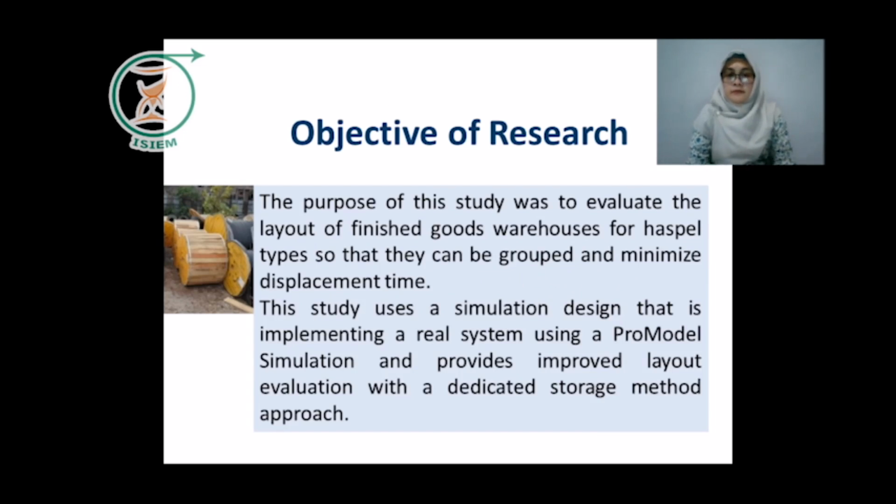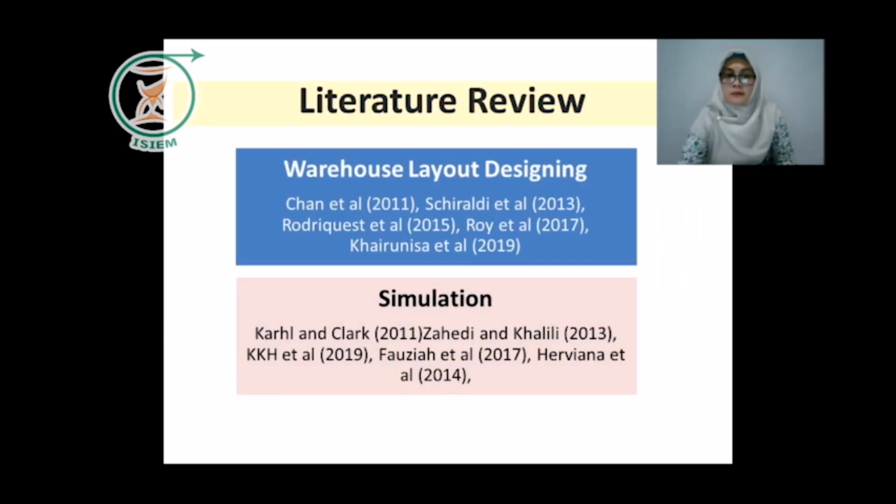The purpose of this study was to evaluate the layout of the finished goods warehouse for haspa type so they can be grouped and minimize displacement time. The study used simulation design using Pro Model simulation and improved layout evaluation using dedicated storage methods.